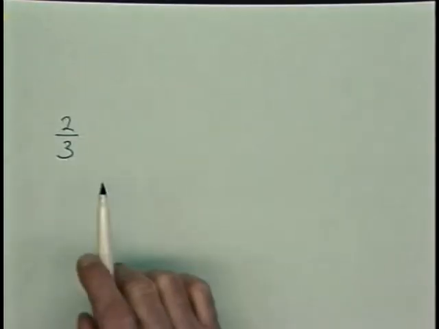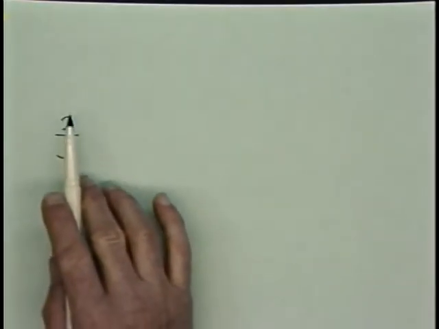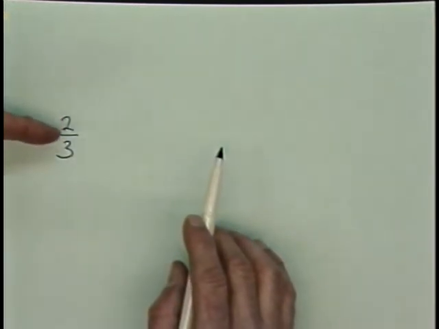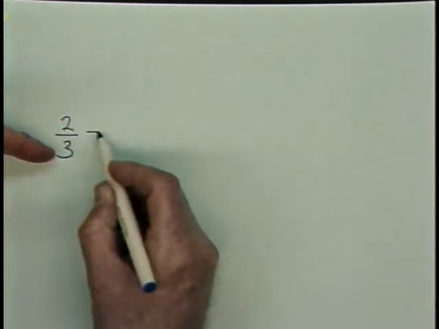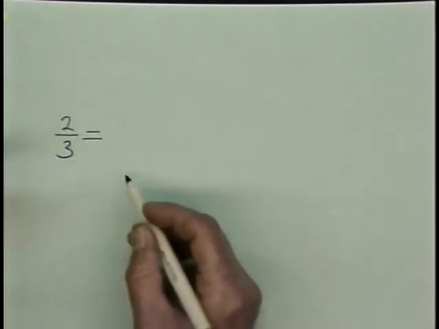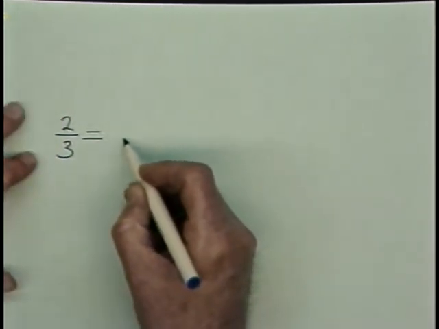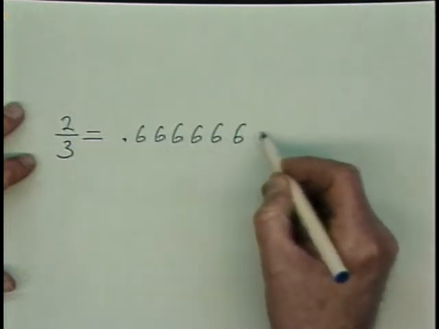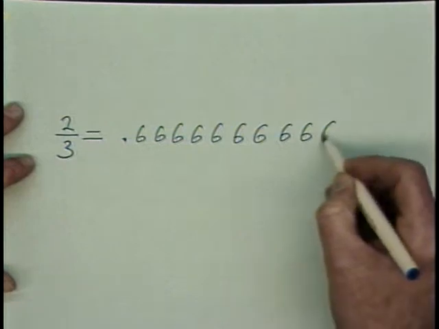Let's take a peek ahead to something we hope you know, and that is conversion of fractions to decimals, which simply means 2 divided by 3. And if you were to do this by hand without the calculator, you would get 0.666, and these sixes go on forever.